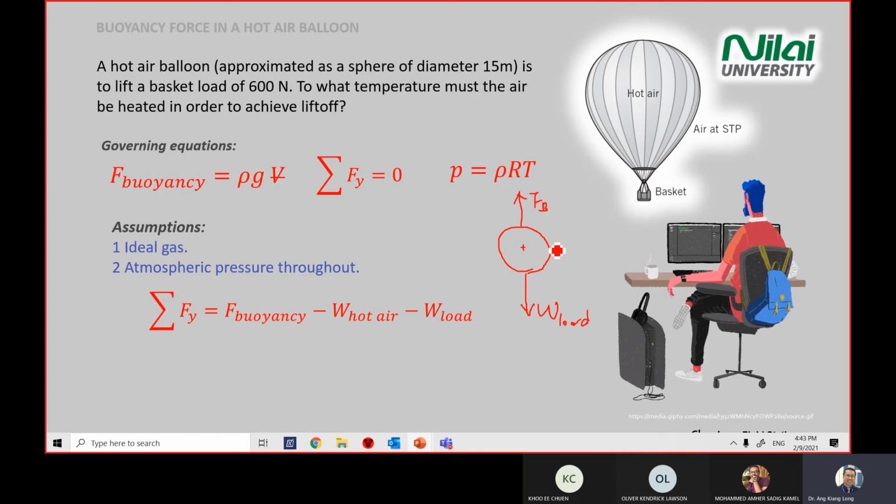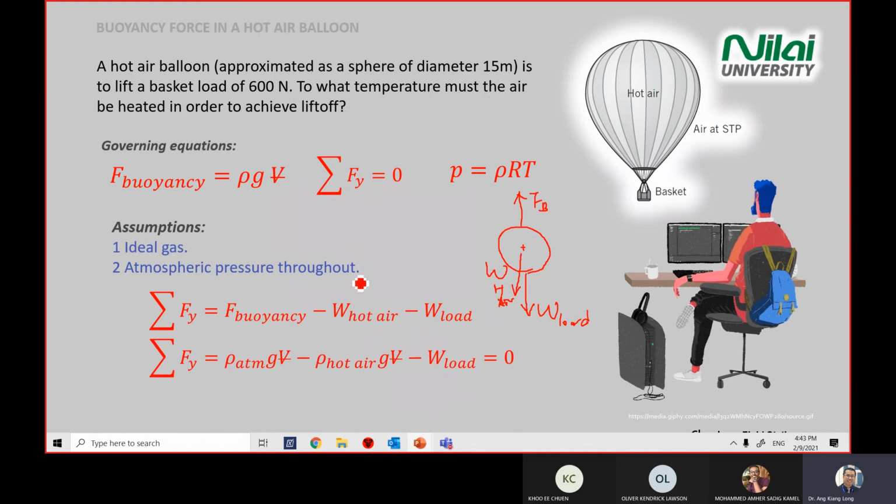And we have hot air also, so W hot air. Because we know that all air has mass and gravity will pull down the air also. Although we do not feel it, there is a gravitational effect.